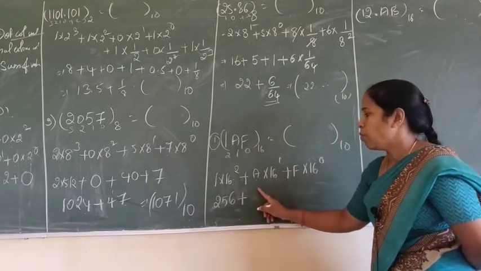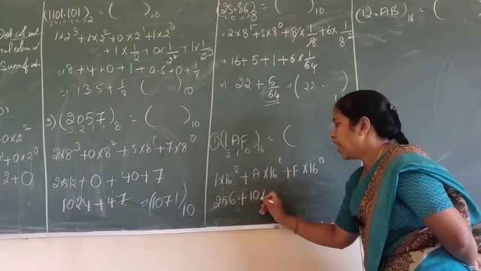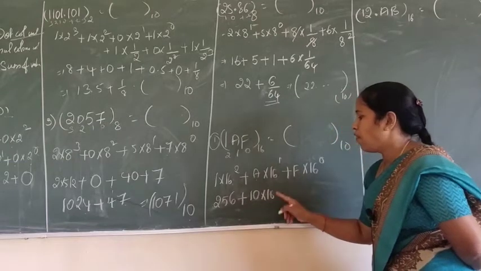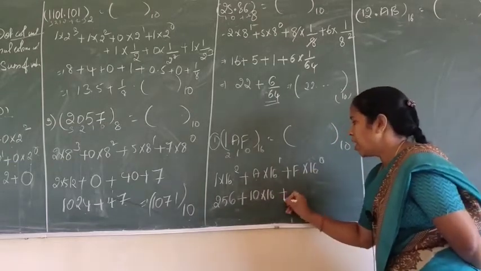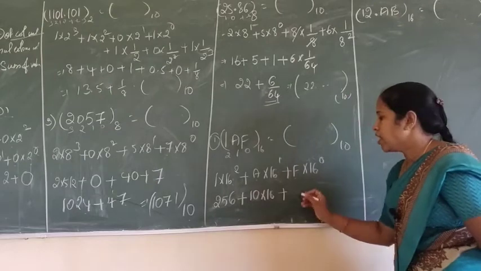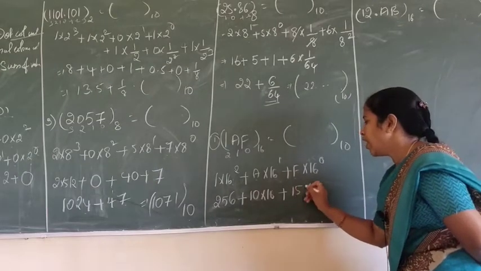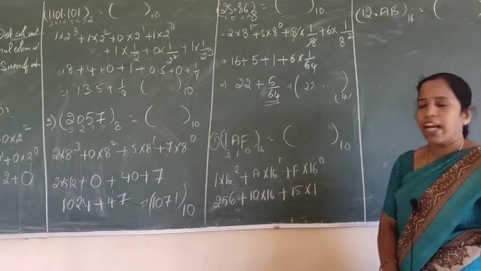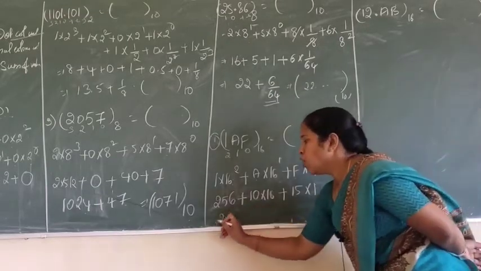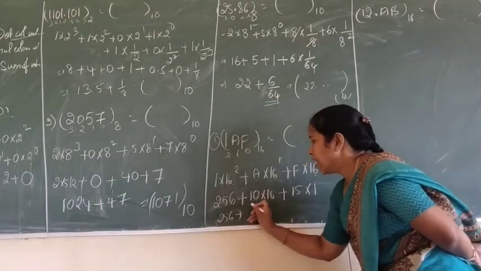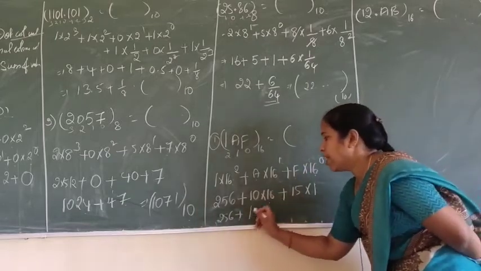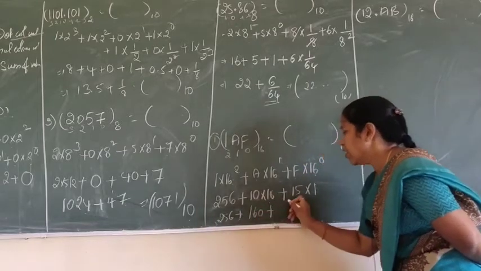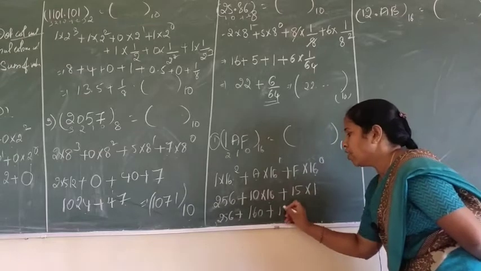So the A value is nothing but 10. So 10 into 16 to the power of 1 is 16, plus now the F value you are getting here, that is 15. Now 15 into 16 to the power of 0 is nothing but 1. Now again multiplication: 256 plus 10 into 16 you will get 160, plus 15 into 1 you will get 15.